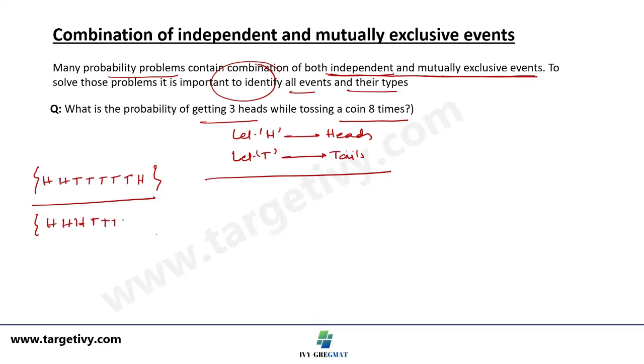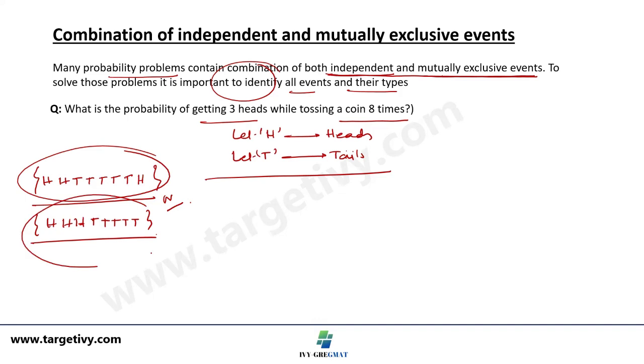Or any other combination. These two events are mutually exclusive. If this happens, this will not happen. And if this happens, this will not happen.